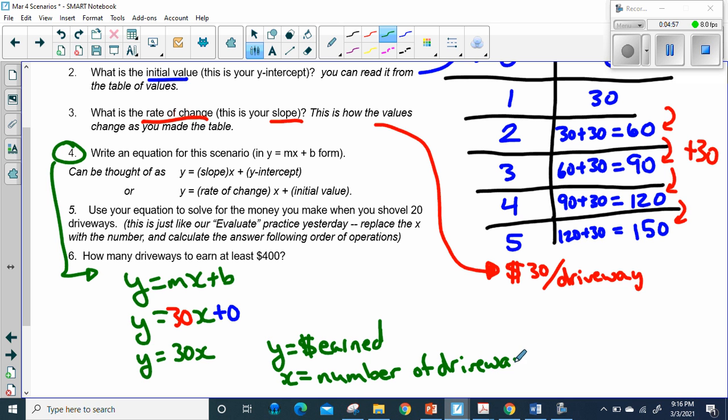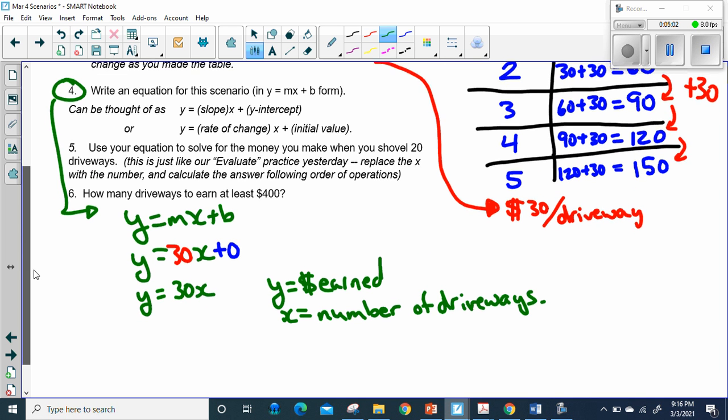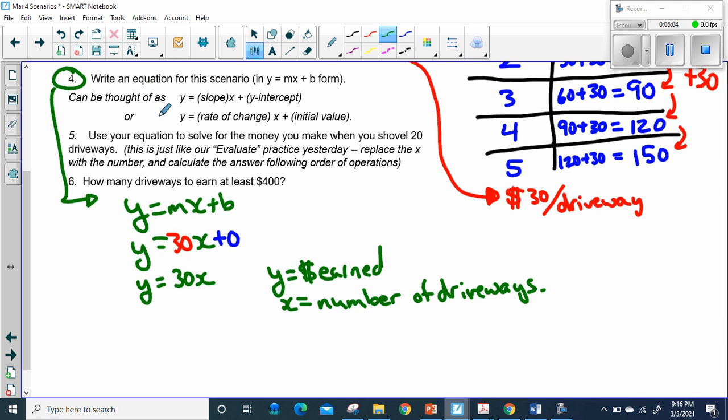Okay. And then let's see. Use your equation to solve for the money you make when you shovel 20 driveways. Oh, your arms will be pretty tired after that one, eh? So if I do 20 driveways, well, that's what my x is now going to be equal to. So let's stick that into the equation.